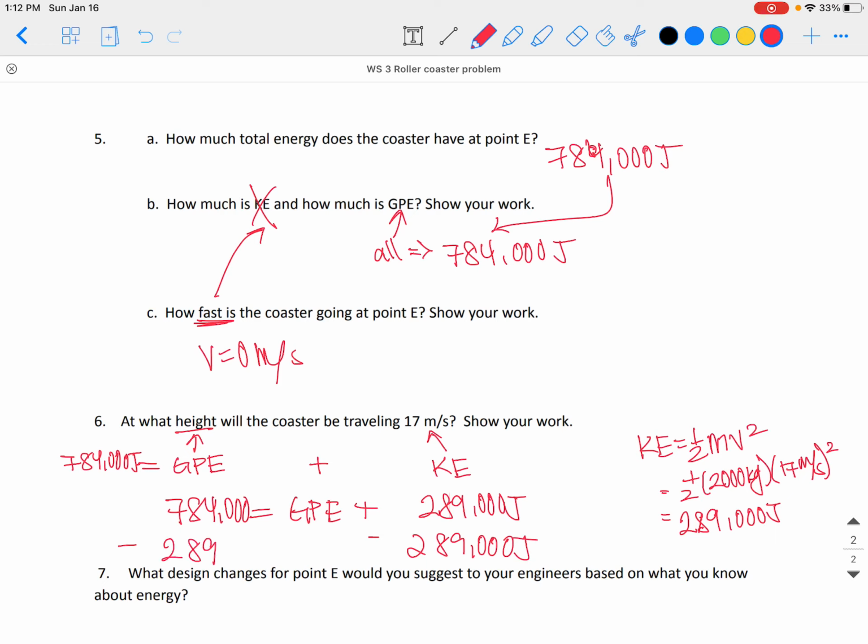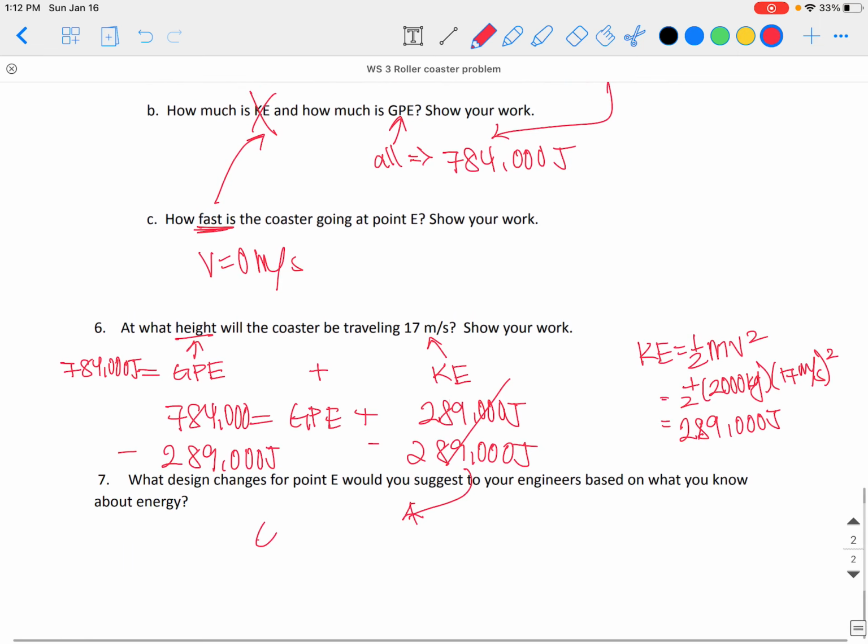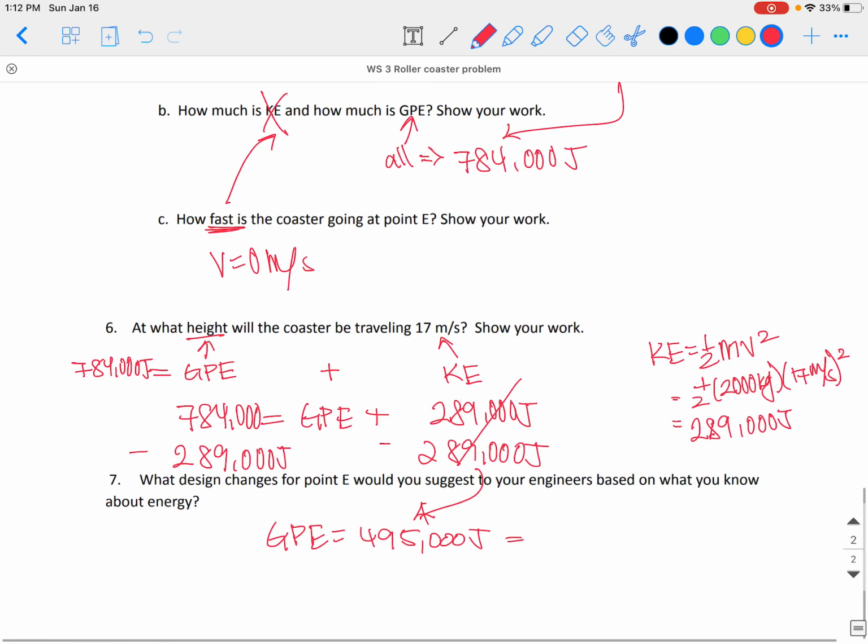If I subtract the 289,000 from both sides, I get a gravitational potential energy of 495,000 joules. This is equal to mass times gravity times height.